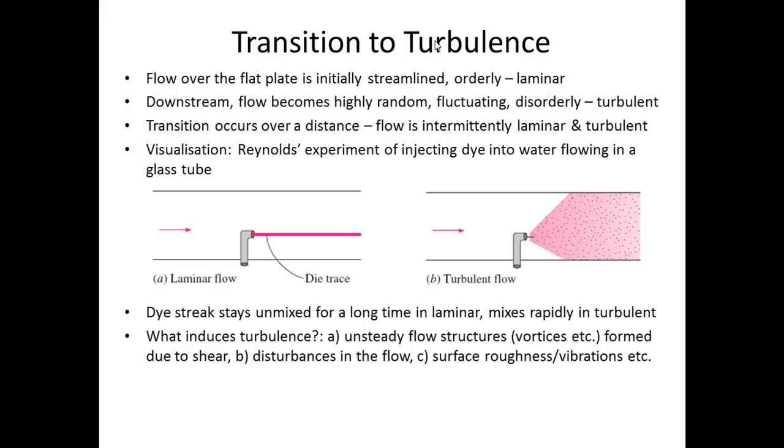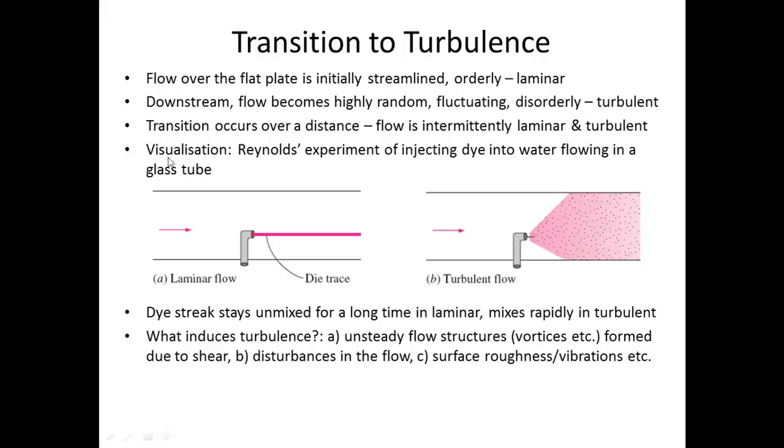This is characterized by a highly random, fluctuating and disorderly flow. And we have also seen that the transition is not instantaneous, but it occurs over a distance. Initially, there will be some small disturbances in the flow which can die out for a certain period, so that the flow keeps fluctuating between laminar and turbulent, and after a certain distance it consistently becomes turbulent. So that is the transition to turbulent flow.